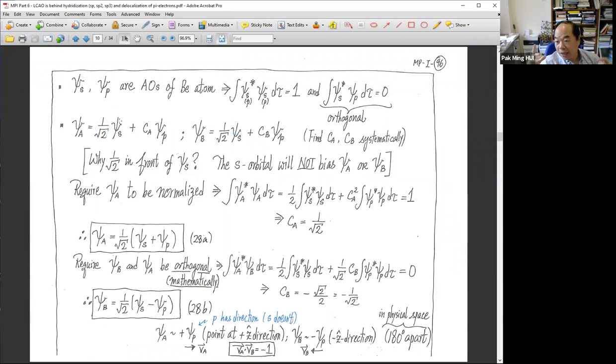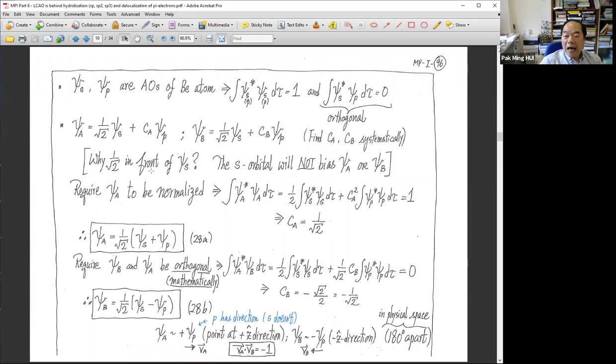So here, let's focus on this simple case. The remaining coefficients to solve are CA and CB. We know the answer. This is plus square root 2, this is minus square root 2, but we want to know how to find them out systematically.